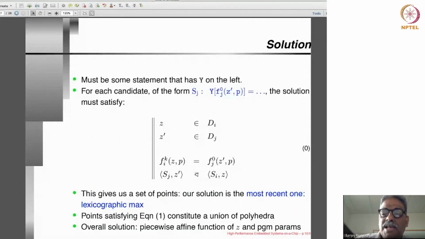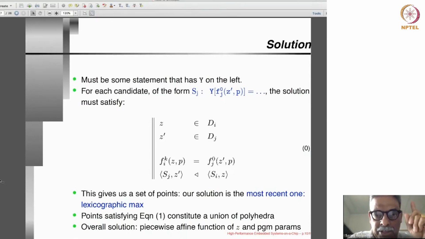So the points that satisfy this set of inequalities that I have shown is a union of polyhedra. The lexicographic max, because it's a union of polyhedra and because of the two main properties that I told you, okay, the overall solution is a piecewise affine function of the parameters.